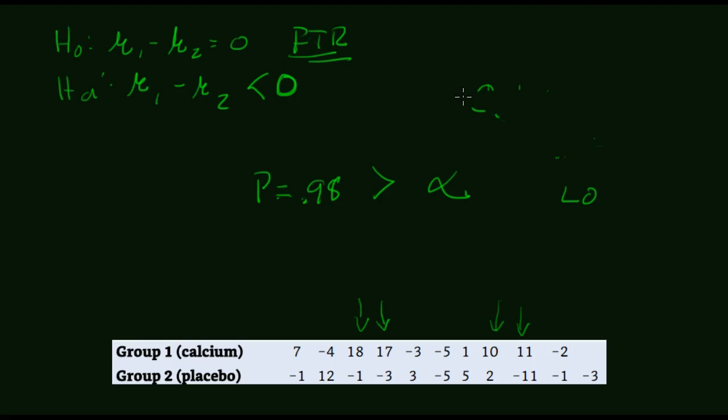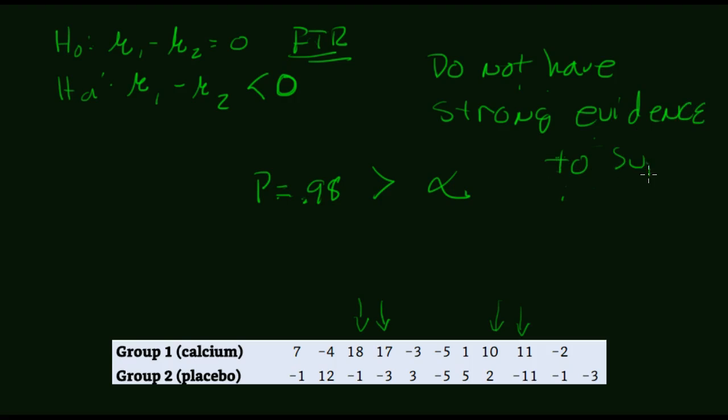I should be suggesting that I do not have strong evidence to support that calcium is lowering my blood pressure. Okay, so there you go. It's a quick little overview of 2 sample t testing, and we'll go from there.